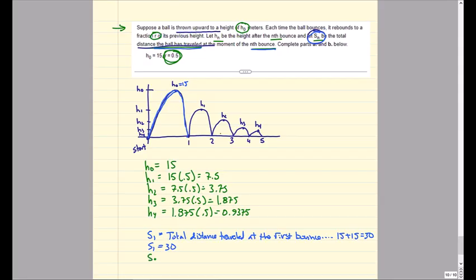Okay, now let's find S sub 2. S sub 2 would be 30, because I've already traveled 30, and then I'd have the height of the next bounce, and then coming down and then hitting. So H sub 1 was 7.5. But I can't just add 7.5, I have to add 7.5 going up and 7.5 going down. So this is plus 2 times 7.5. So 30 plus 15 is 45.